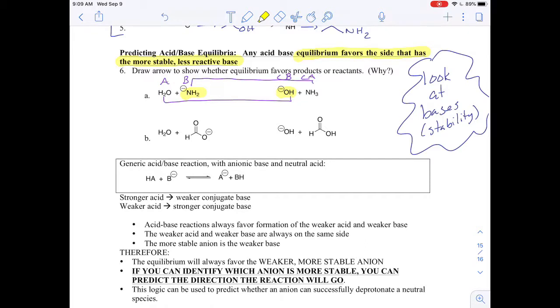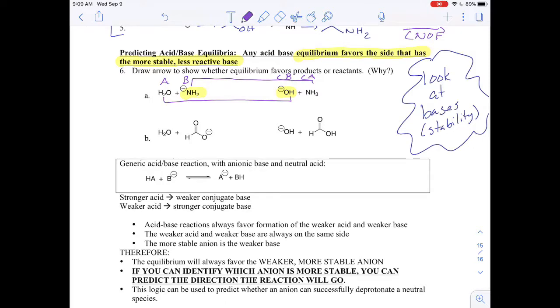Well, they both have charge, so that doesn't matter. But I look at the electronegativity. So oxygen should have the negative, right? Not nitrogen. Oxygen should. If I write those all out again, oxygen should be more negative than hydrogen.